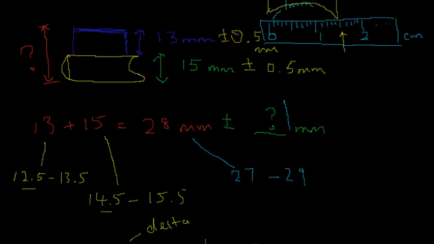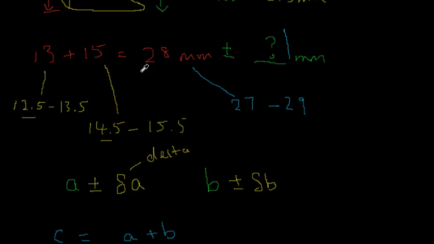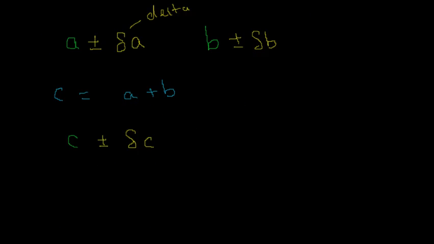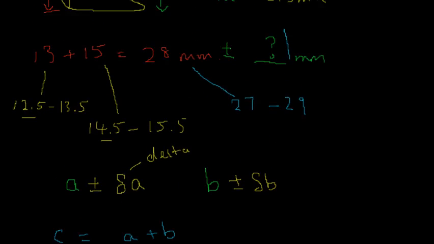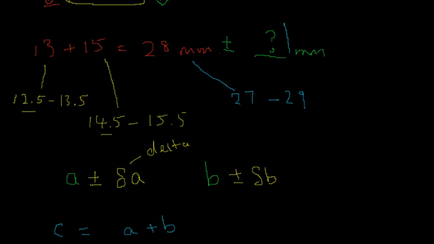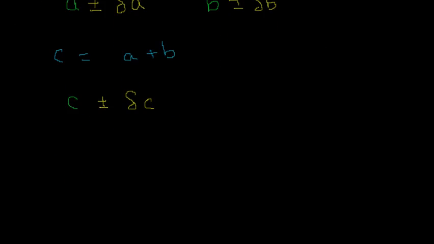Just like when we added the thicknesses of the two books, we wanted to know the error of this answer. From what we have learned, we can simply add the two errors to find the error.